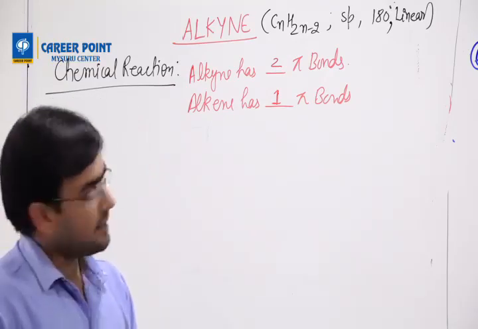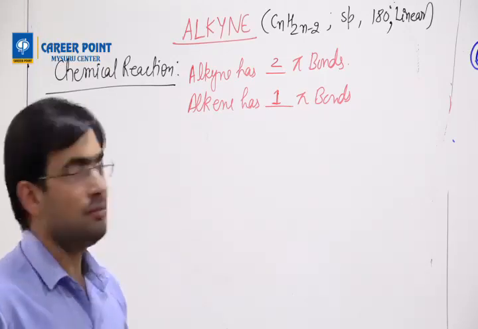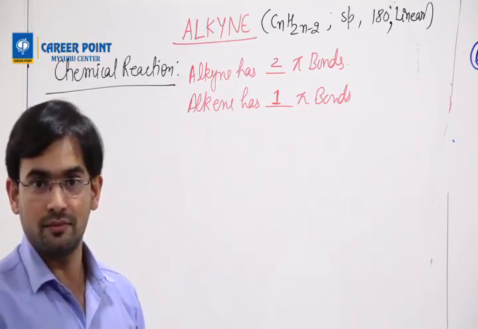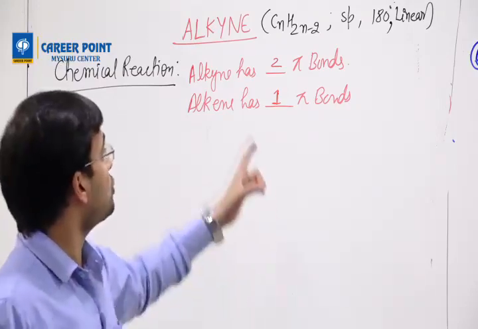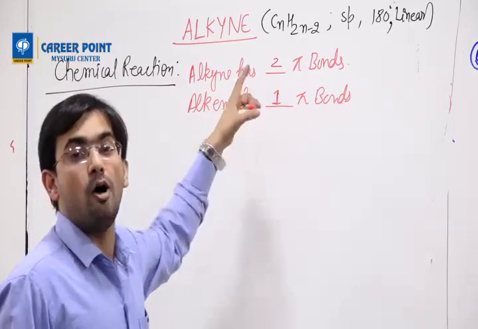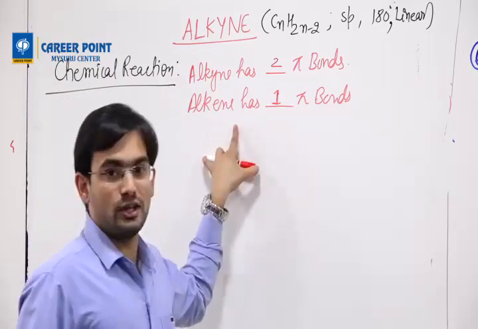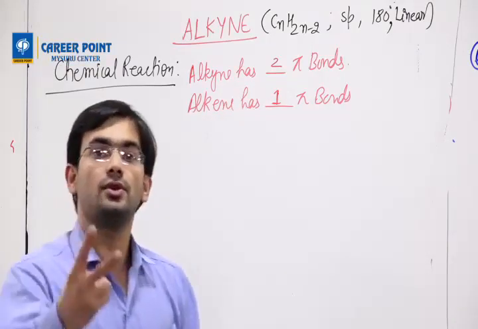It means whatever reactions I was doing for alkene, because of the pi bond only, all those reactions are also applicable to alkyne. But how many times? 2 times. For alkene I was doing them single times, but for alkyne I'll do them 2 times.